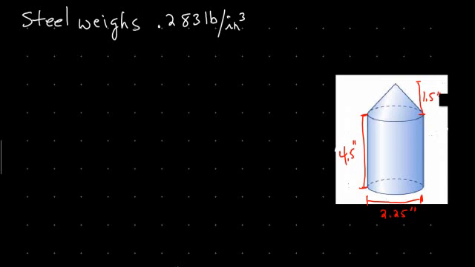Okay, so we need to find the volume of this thing. The volume of the cylinder is easy. I'm going to say VC for volume of the cylinder. If we look at the cylinder, this thing is uniformly shaped all the way up. So anything that has a uniform shape all the way up is just the area of the base times the height.